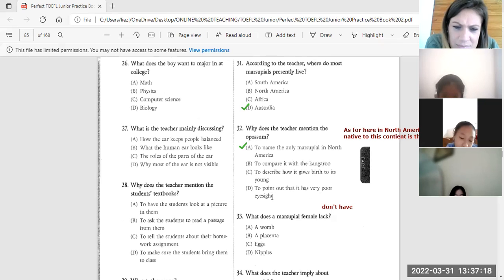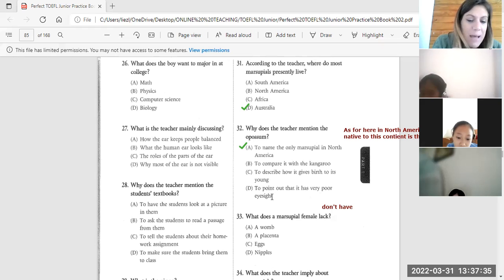C. Okay, listen carefully. The primary difference concerns how they give birth. Almost every female mammal has a placenta. Almost, not everyone. Almost every female mammal has a placenta in her womb. The baby or babies develop and grows in the womb and gets nourishment, that means food, from the placenta.